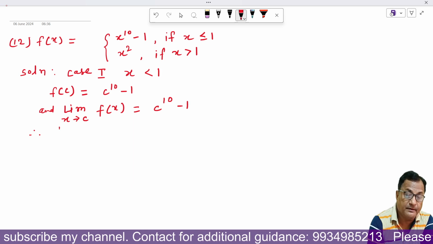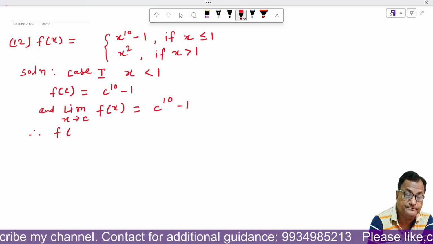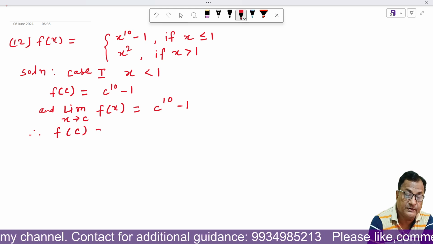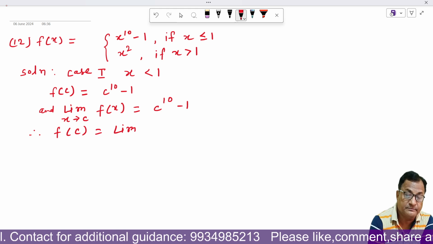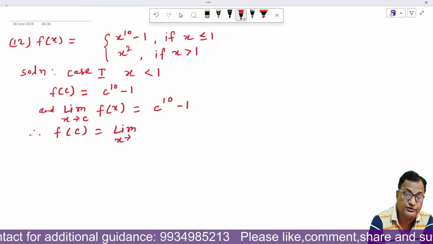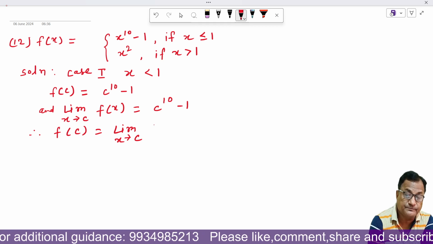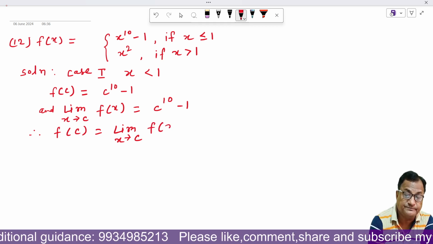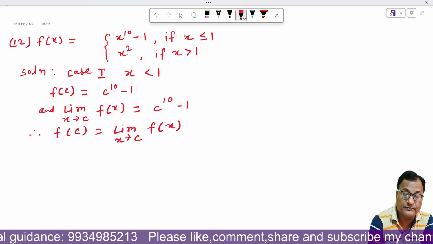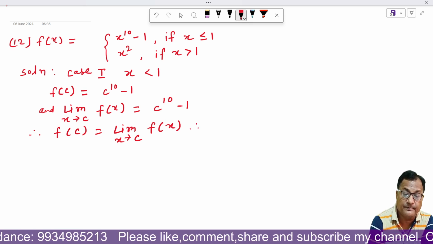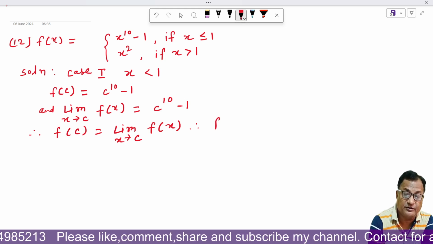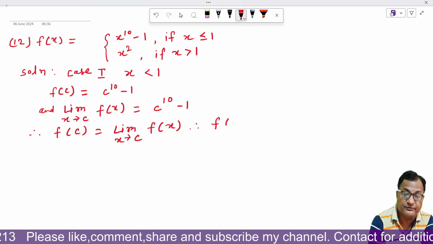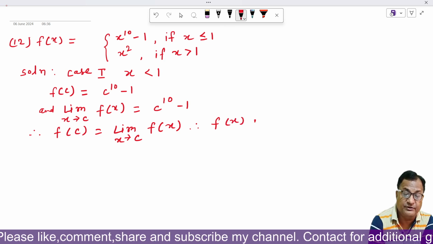Therefore f(c) is equal to limit x tends to c of f(x). So f(x) is continuous in this case.